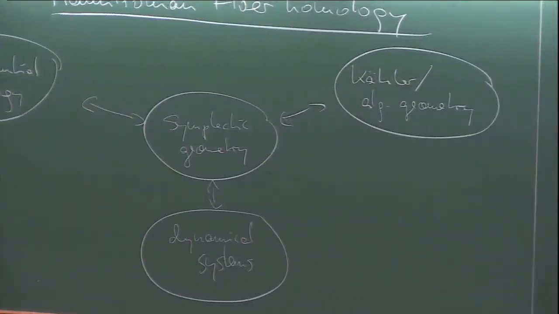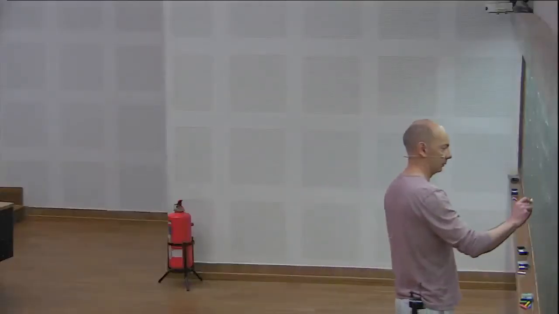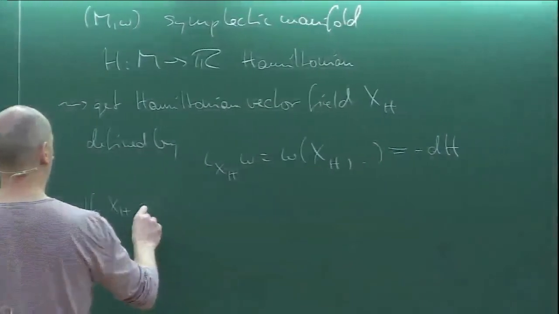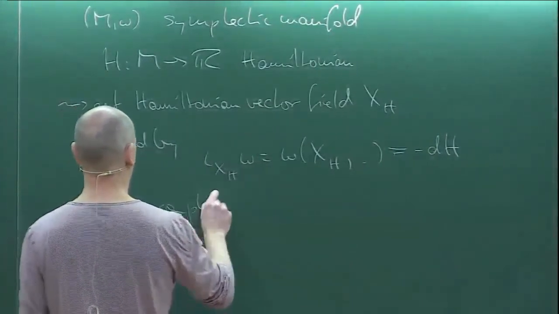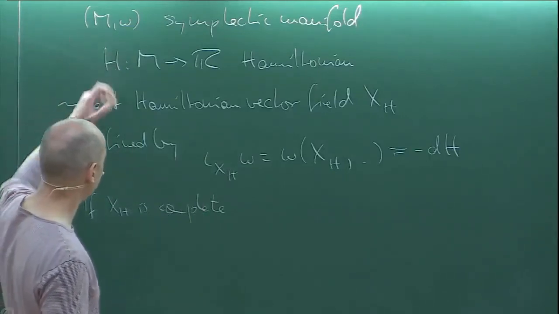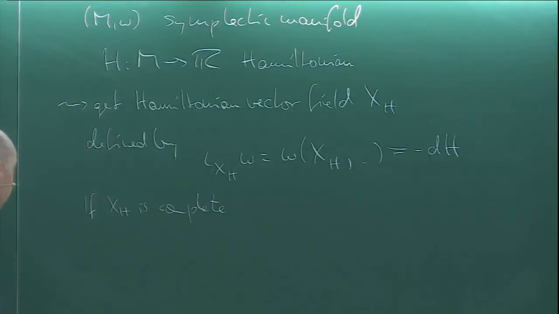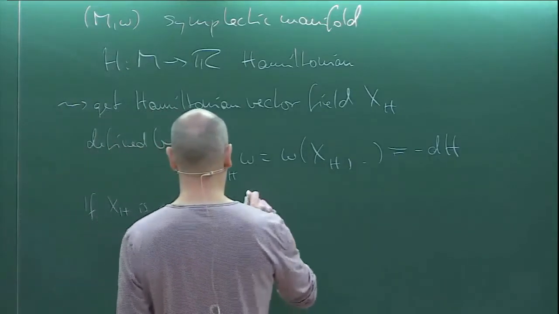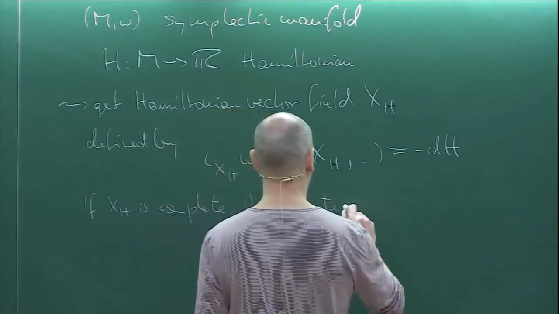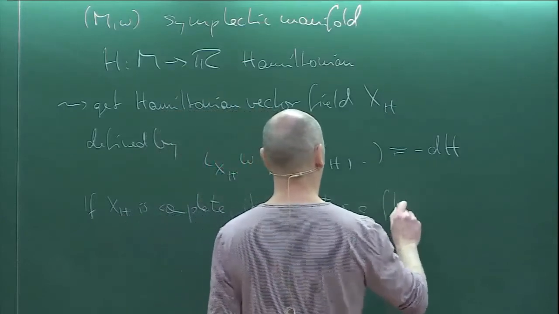And so the flow of this vector field, if X_H is complete. When you have a vector field, you can ask about completeness, existence of integral curves. So say if M is compact, then this will always be complete, then it generates a flow.